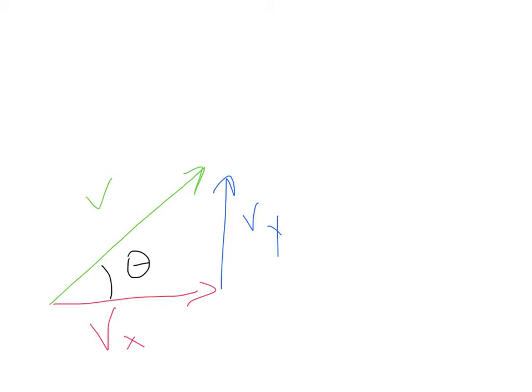That's a nice Greek letter, theta. Learn it, live it, love it. So, let's start with vy. Our y component is the opposite side from our angle, so we're going to use sine theta v.